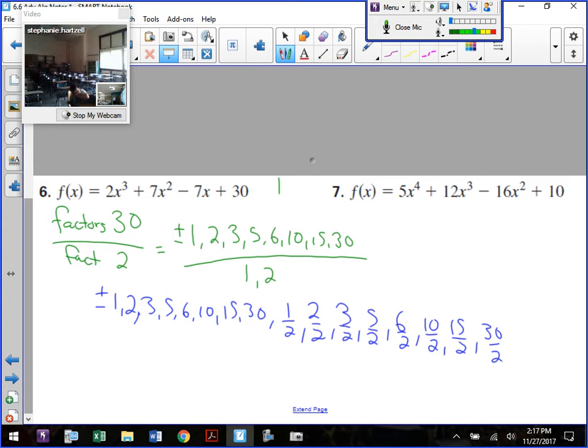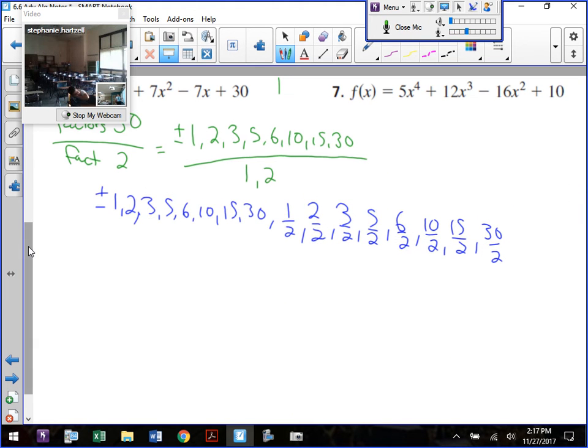Most people right off the bat ask, do I have to write them out if they're duplicates? No. If you recognize right away that 30 divided by 2 is 15, which you've already counted, don't write it down. I usually write them down, especially the first few times, because I want to see what's going on. So as I go through my list, I've got 1, 2, 3, 5, 6, 10, 15, 30. 1 half.